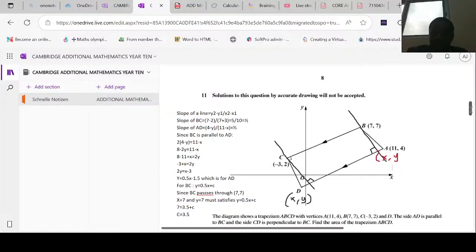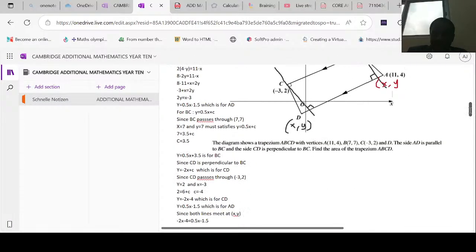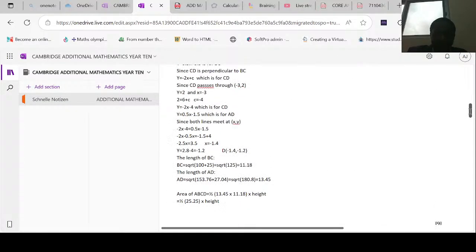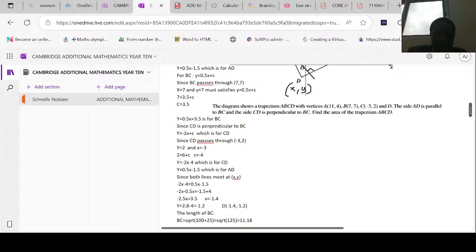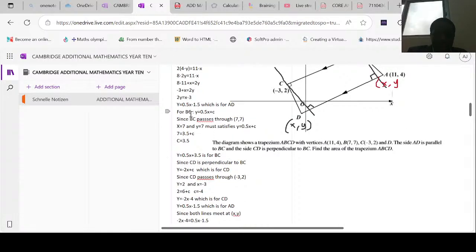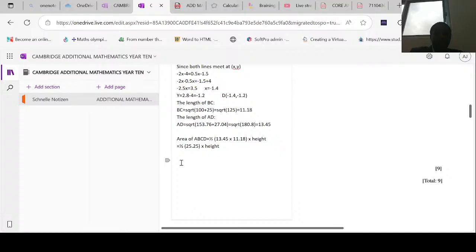So now let's find the equation of the line that is perpendicular to AD. So first we need to look at the equation of line AD. Where is it again? This one, right? So I'll just copy. Okay, so I've copied it. So that's for AD, right?